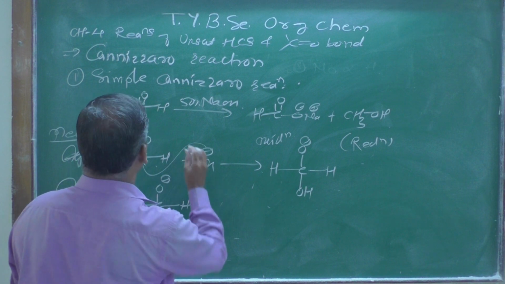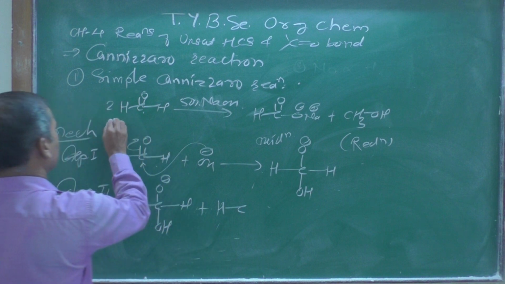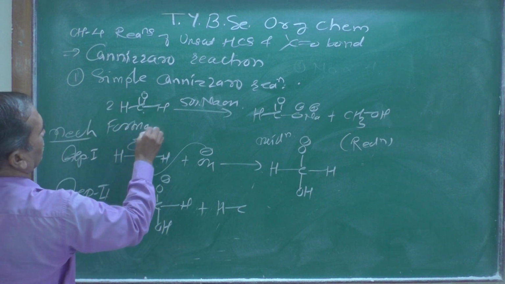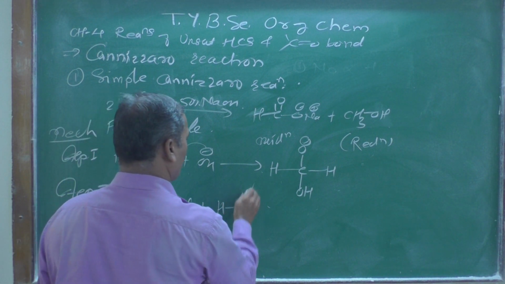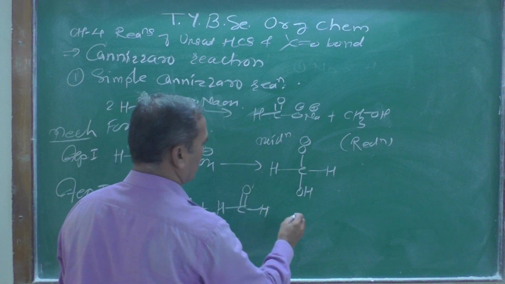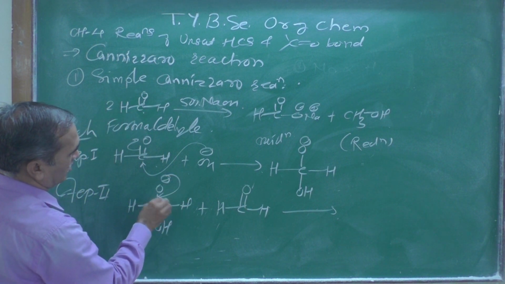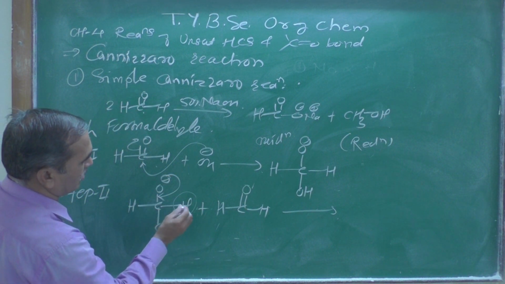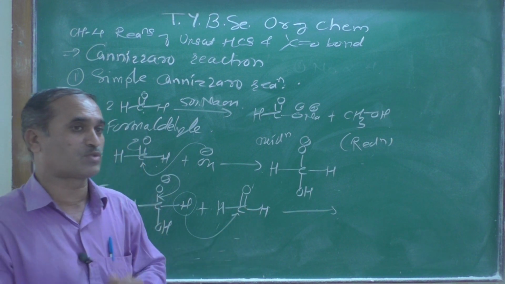Now another molecule of this formaldehyde, this is called formaldehyde. Now C=O, and this is H. Now what is going to happen? The negative charge comes here, and this hydrogen atom is transferred, a hydride transfer. Hydride transfer means what?